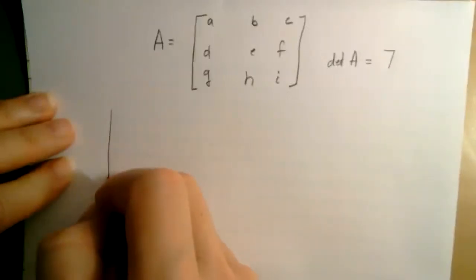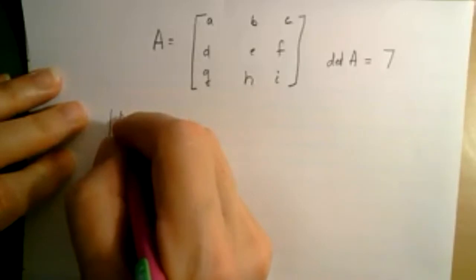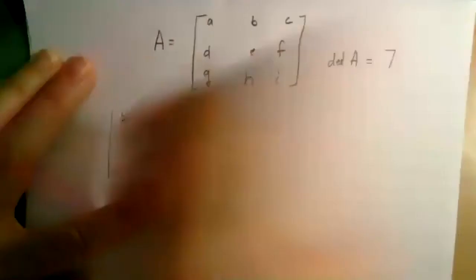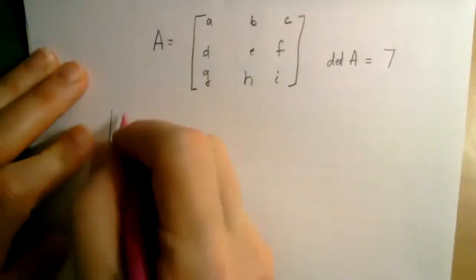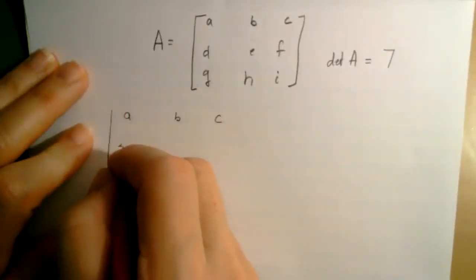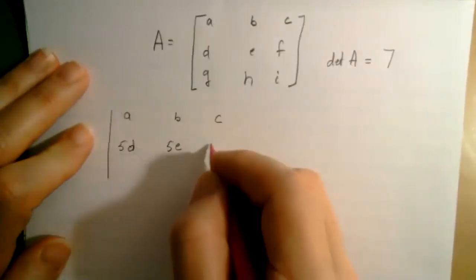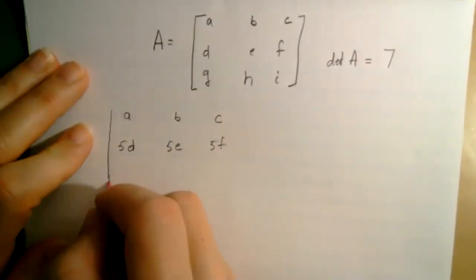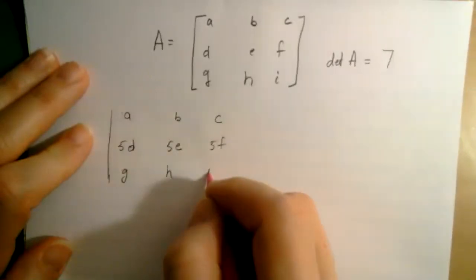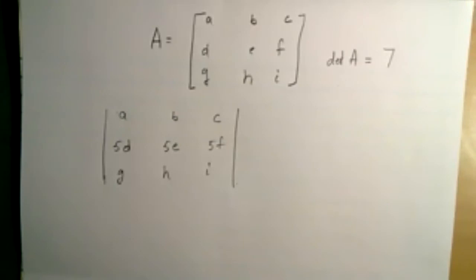So we start with the following matrix. Let me take this A, B, C, 5D, and so on, G, H, I. So I'm going to multiply a row by 5. What's the determinant of this new matrix?